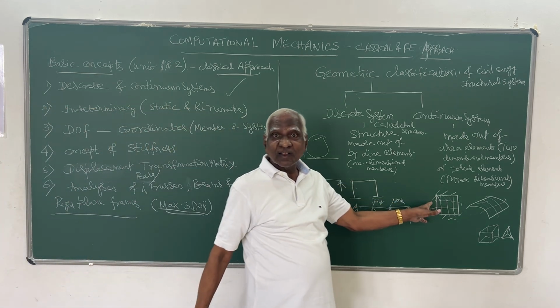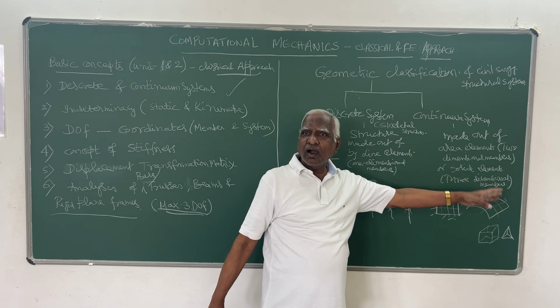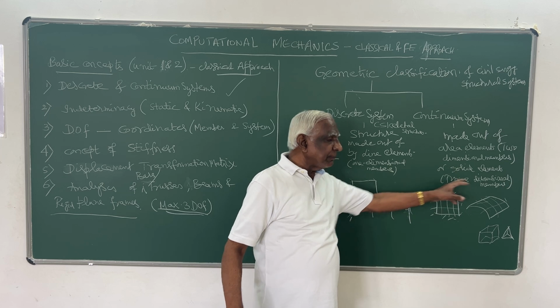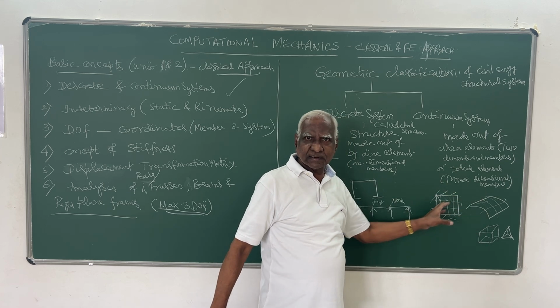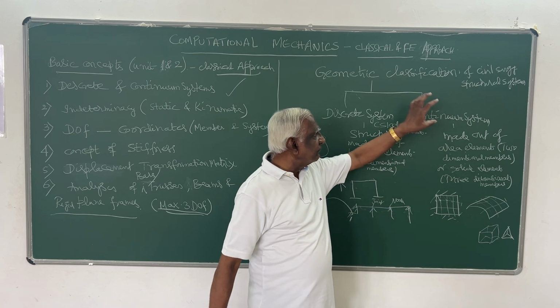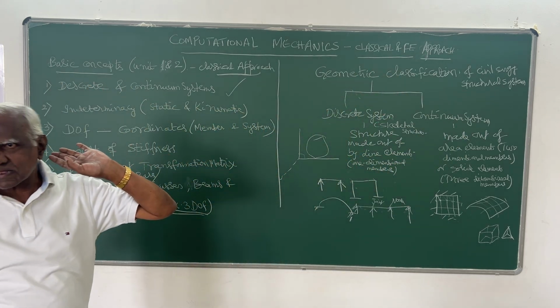So that is called a continuum structure, made by area elements or three-dimensional solid elements. A structure made out of area or solid three-dimensional members we call a continuum system of civil engineering structure.